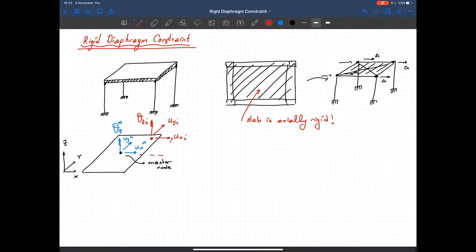This distance is delta y, and that distance is delta x. Okay, and this is the figure related to the displacements. And let's draw the figure related to the forces. So I have this rectangular diaphragm.